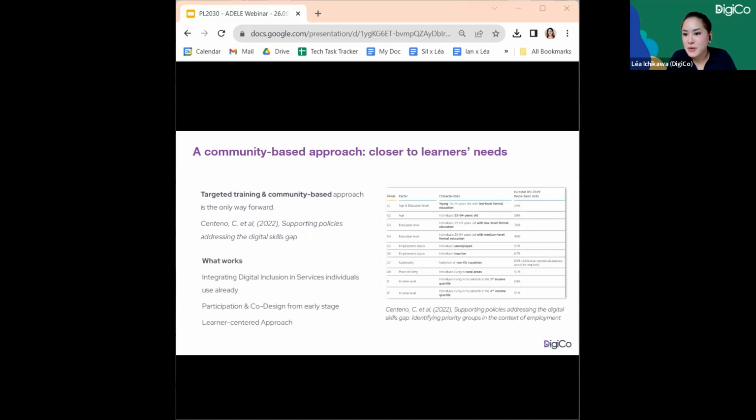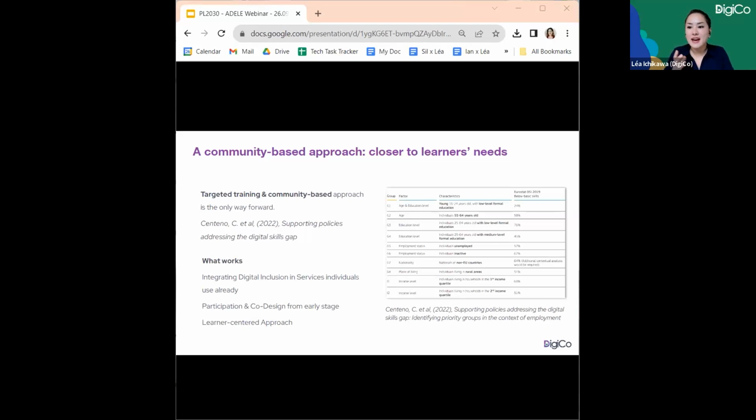So what we see with our European experience that works in terms of digital inclusion and digital skills training are three components. We realize that digital inclusion and digital skills in general need to be integrated within services that people already use. A great example is libraries, so that's why I'm here today.